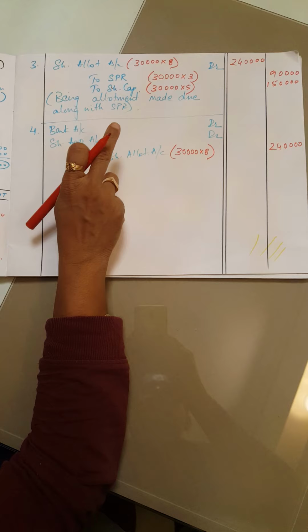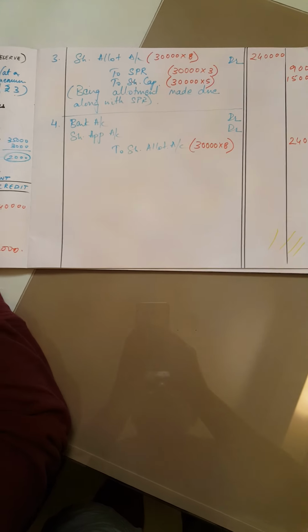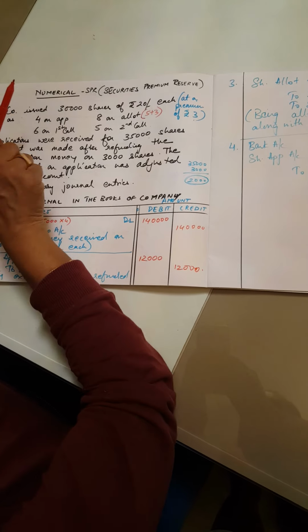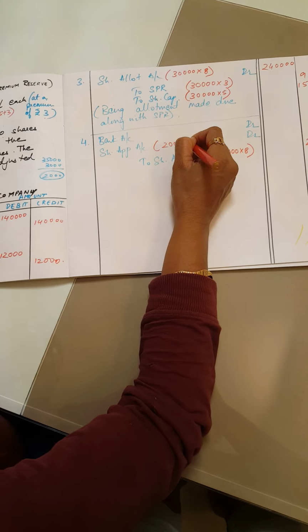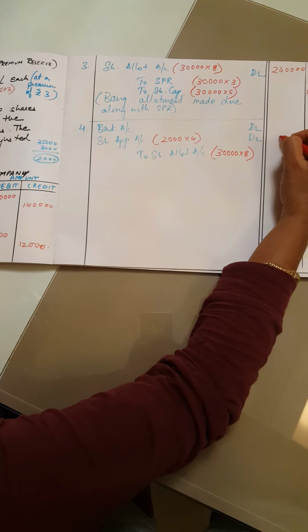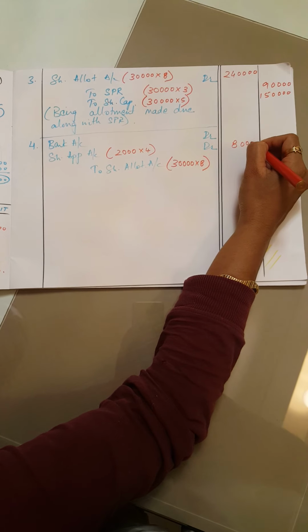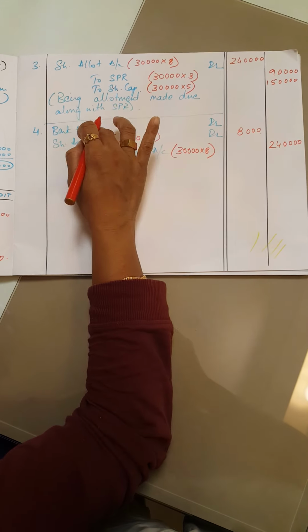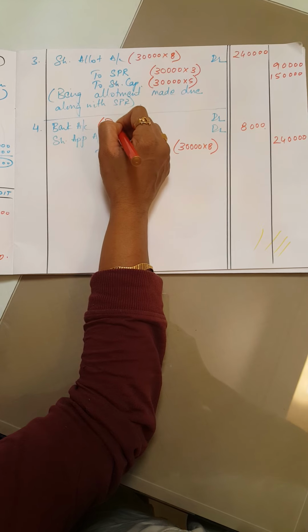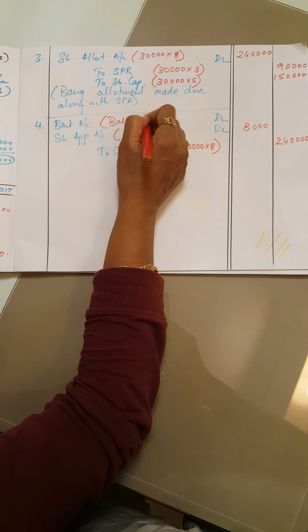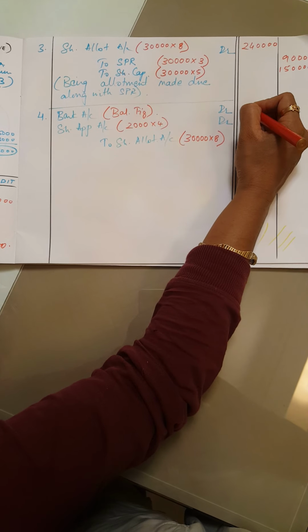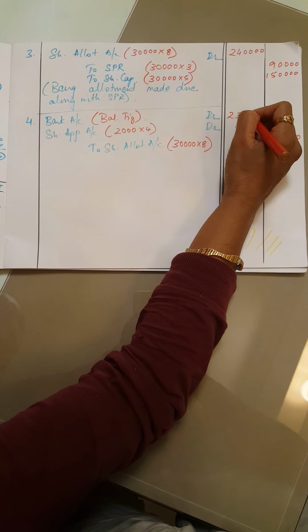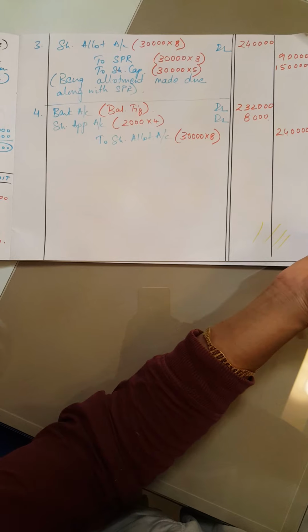Amount due on share allotment is 30,000 into 8, which is 2,40,000. Your excess application money is on 2,000 shares, 4 rupees each. So excess application money will be 2,000 into 4, which is equal to 8,000. And whatever goes to bank, please remember that will be your balancing figure, that is 2,40,000 minus 8,000, which is 2,32,000.